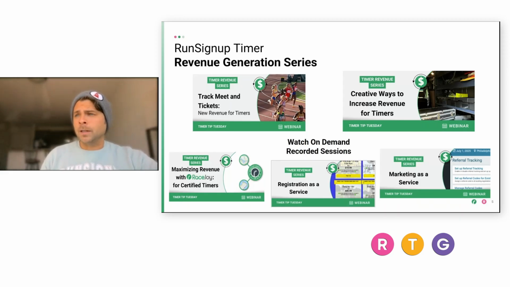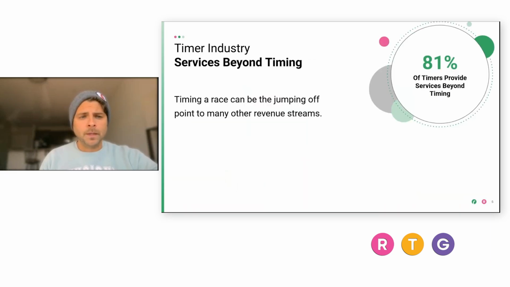And marketing is how to get people to your website to register. So these three are fairly interconnected. If you want to know more about the registration piece or the marketing piece, I would highly recommend you go back and check out those two webinars, or at least the slides.